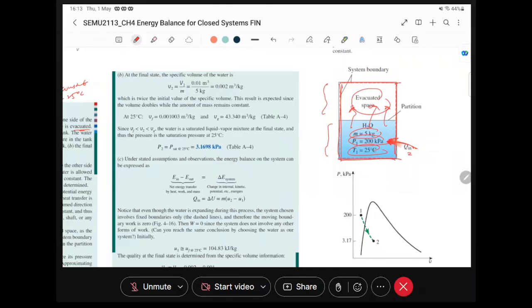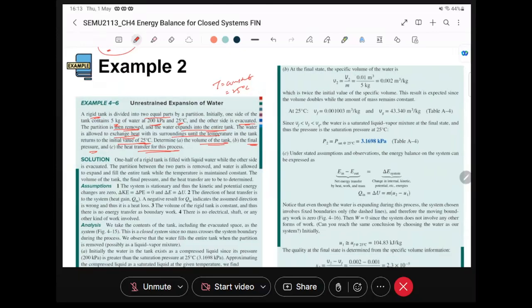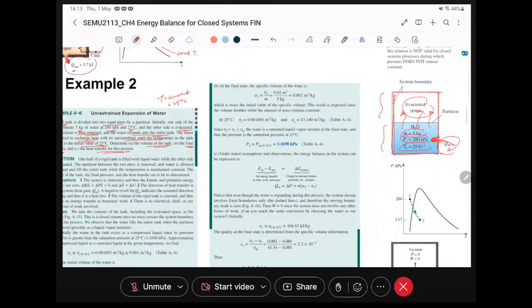So the question wants us to determine A, the volume of the tank. How much is the total volume of that solid tank? And B, the final pressure. Temperature is the same, but now it expands, so how much is the pressure? And the heat transfer for this process, which means Q. How much heat has to be transferred into the system for it to maintain this temperature due to this expansion.